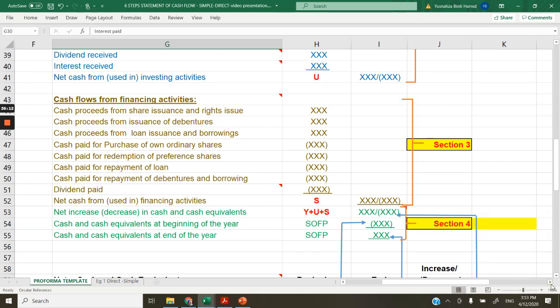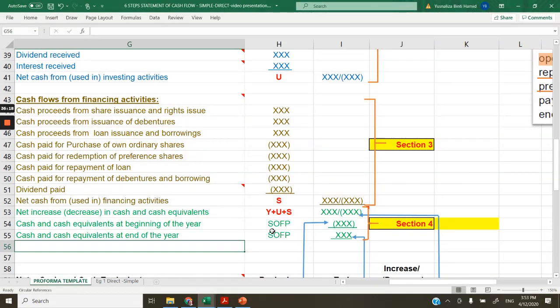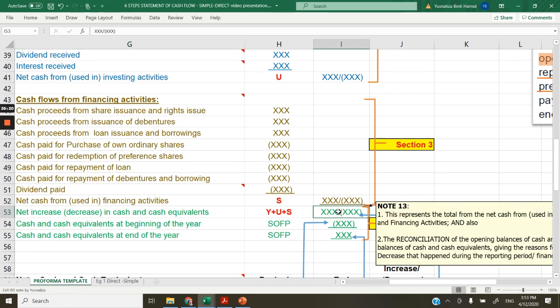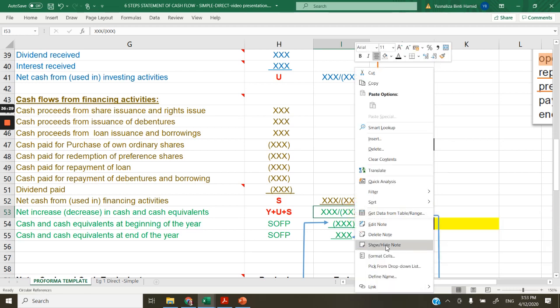I just want to show some information here for you, because I have some notes written here. So this will represent the total from the net cash used in those 3 types of activities.